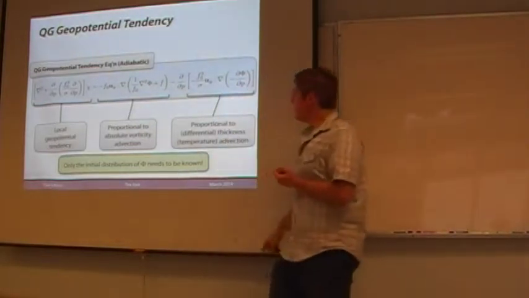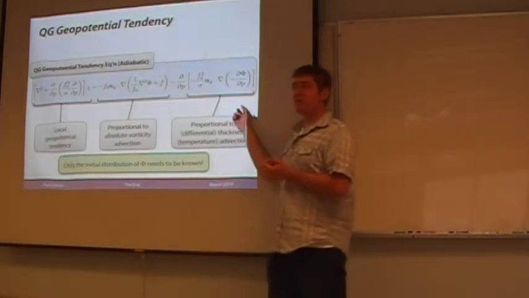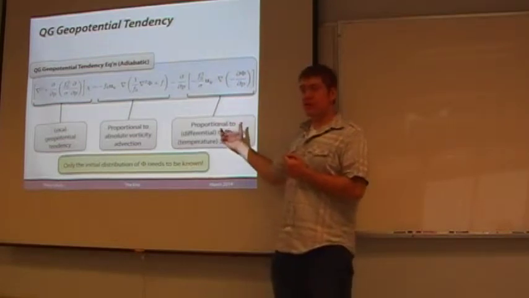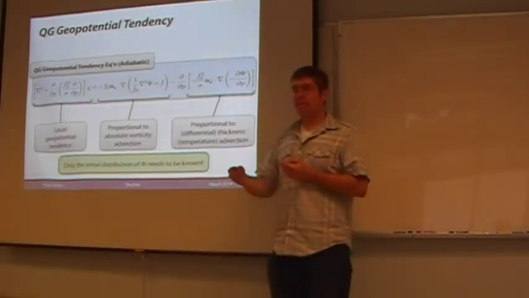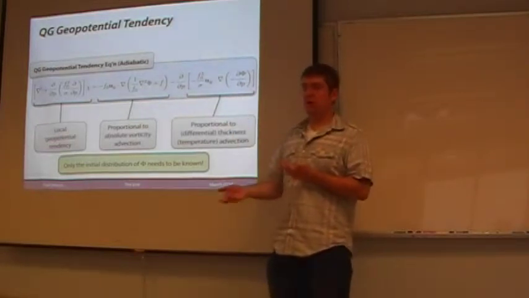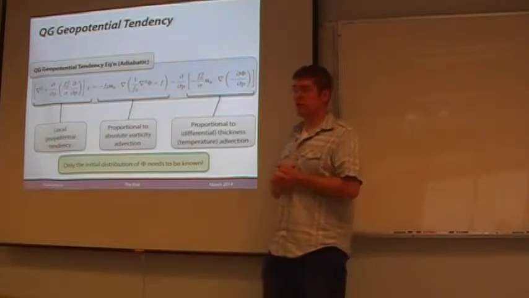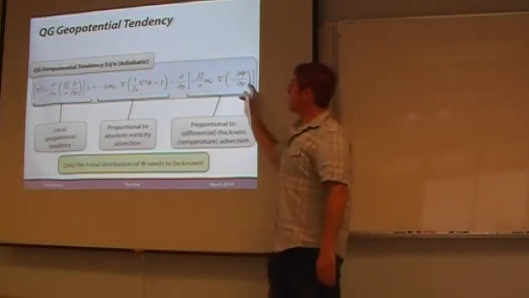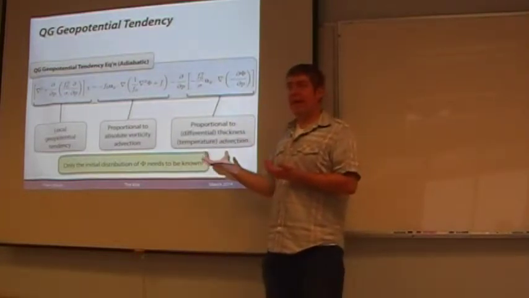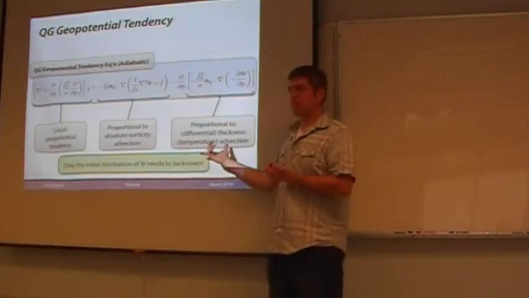The second term, which is associated with temperature and thickness advection, is associated with instability, baroclinic instability in this case. If you have baroclinicity within the flow, that is, if you have changes in the thickness of the flow with respect to height or with respect to pressure, then advection of that quantity will lead to intensification of a baroclinic instability event.